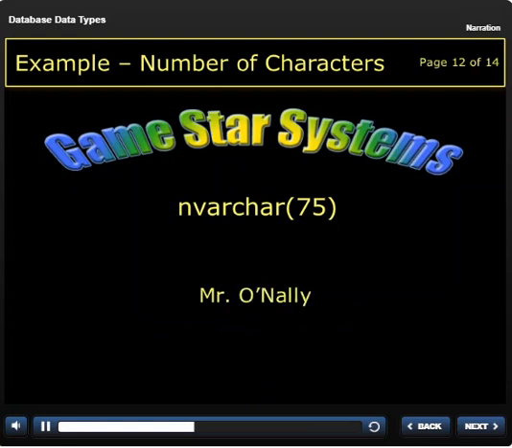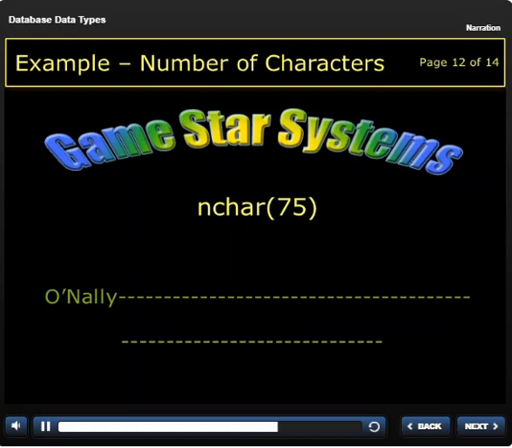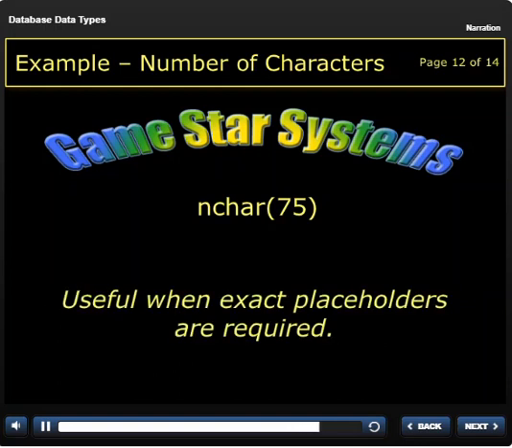In the case of Mr. O'Nally, we'll only use 7 characters and save the unused character spaces. If we had chosen to use Char with a precision of 75, all 75 characters would have been used, and in absence of characters, it would be padded with spaces, taking up valuable storage space. Some older software requires exact placeholders, so this data type does have a place and a use.